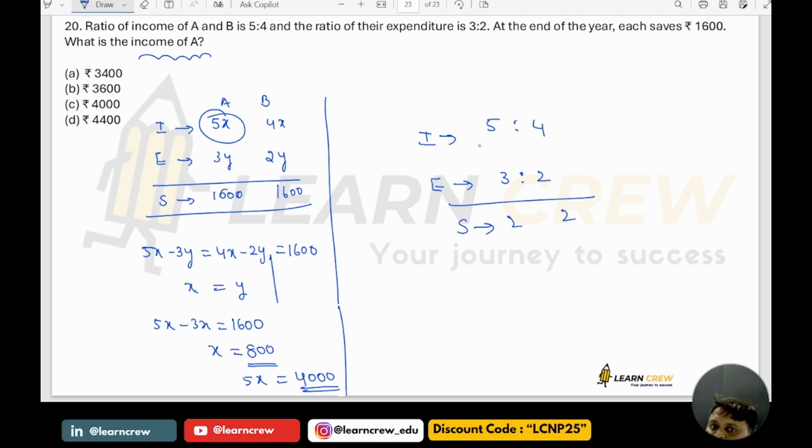Actually, conceptually, you cannot do 5 minus 3, you cannot do 4 minus 2, because it is 5 parts out of 9 parts and 3 parts out of 5 parts. So conceptually doing 5 minus 3 is wrong.